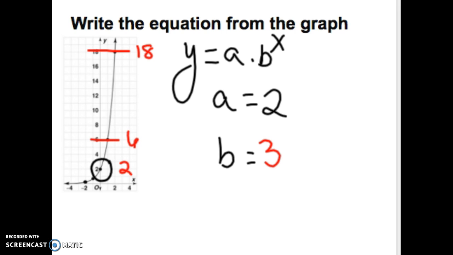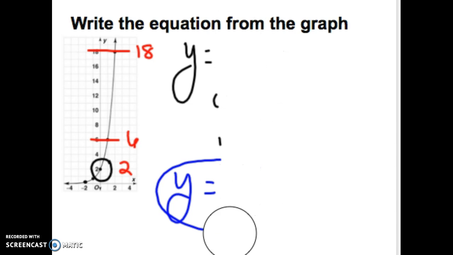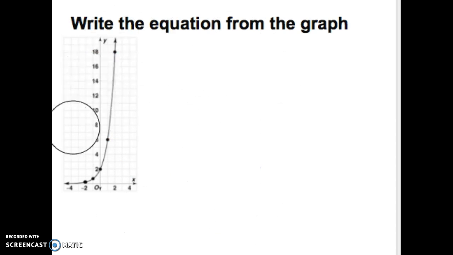Meaning, the actual equation of this graph gives us y equals 2 times 3 to the x power. So again, your a value is the y-intercept, the b value is the factor by which it's increasing or decreasing. So in this case, it was tripling in size each time.